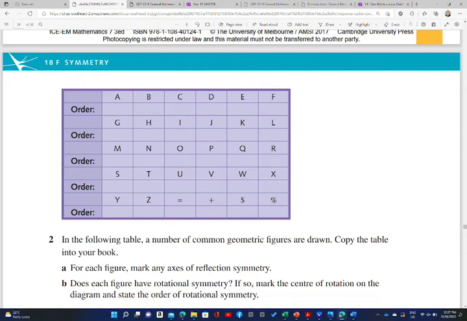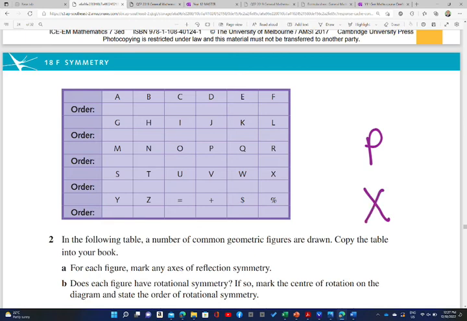All right. O is a tough nut. Why? It's completely symmetrical everywhere. So we won't be doing O. How about P? Doesn't have any. Okay. So you can have shapes that have no symmetry, right?